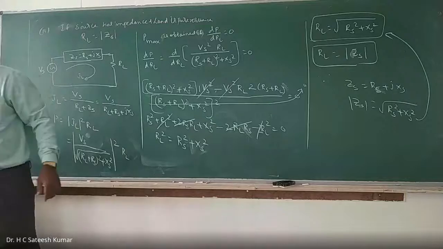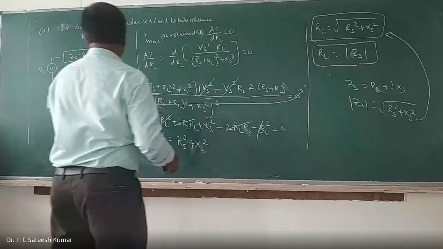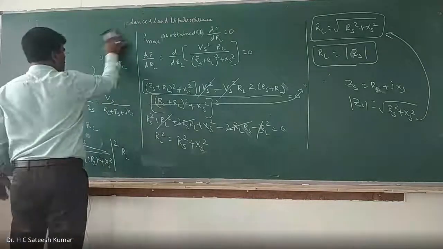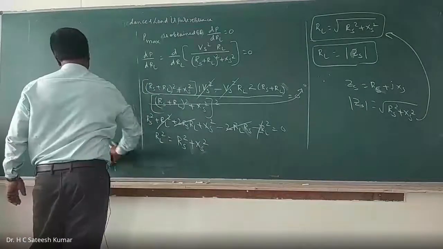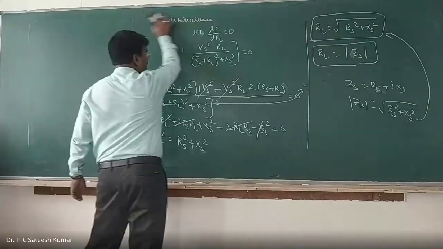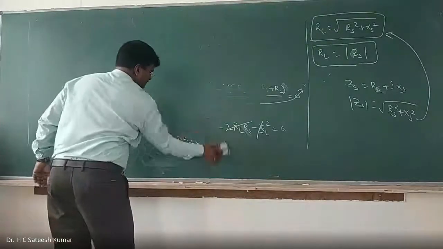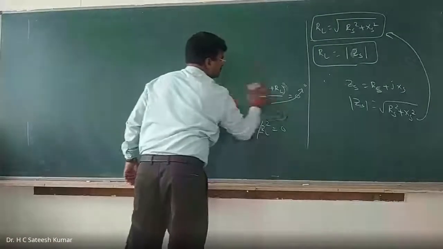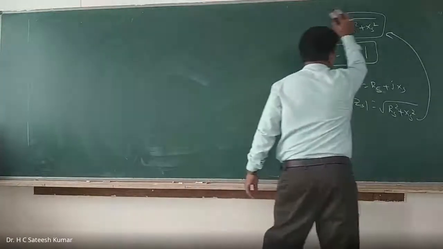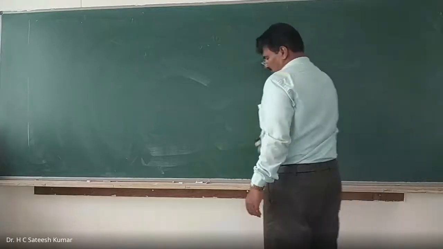Now we shall move on to the third condition. For the third condition, they'll ask the question: state and prove the maximum power transfer theorem for AC circuits. Then you'll have to take both source and load having impedance. Okay, right.